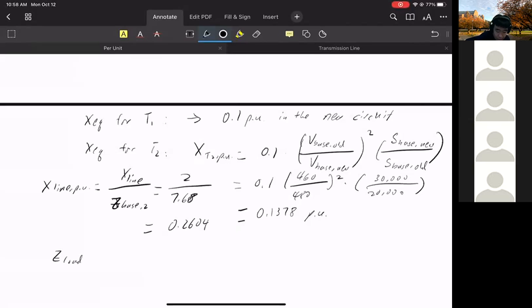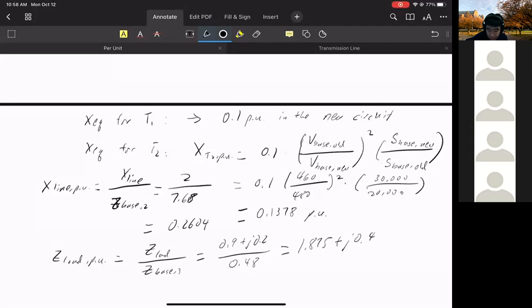And the load per unit is the load divided by the base for zone 3, so 0.9 plus j0.2 divided by 0.48. And this is 1.875 plus j0.4167 per unit.